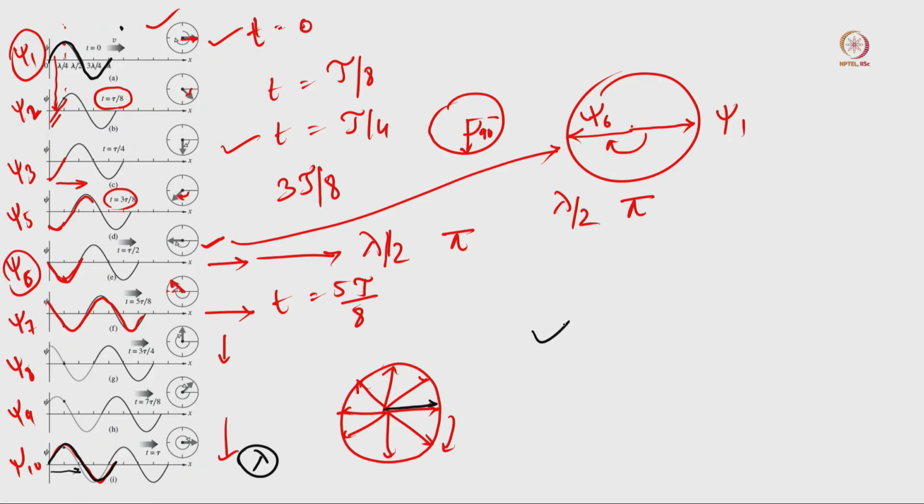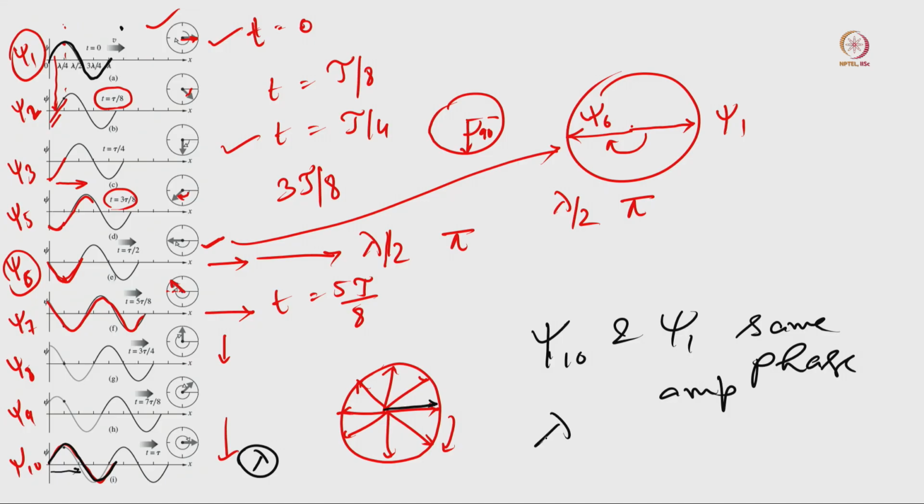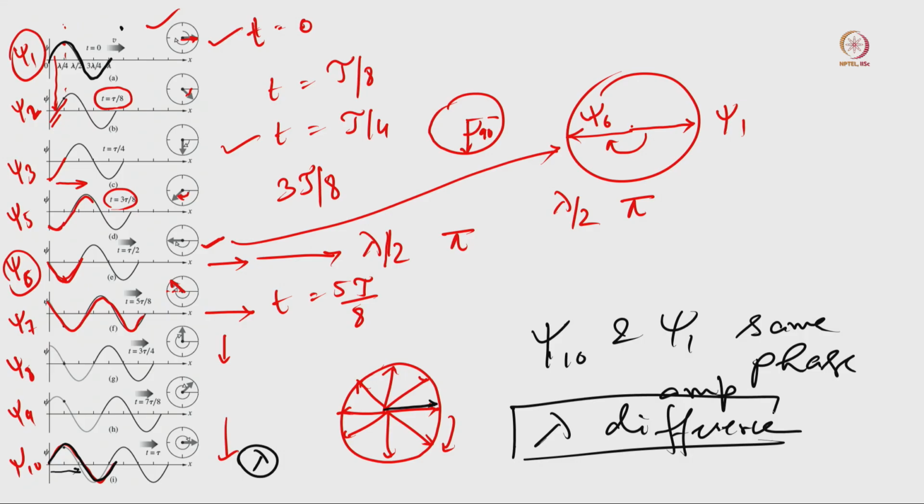If you consider wave 10 and wave 1, they are in the same phase and the amplitude is the same, but the difference is one full wavelength. This is the difference between these two: one full wavelength.